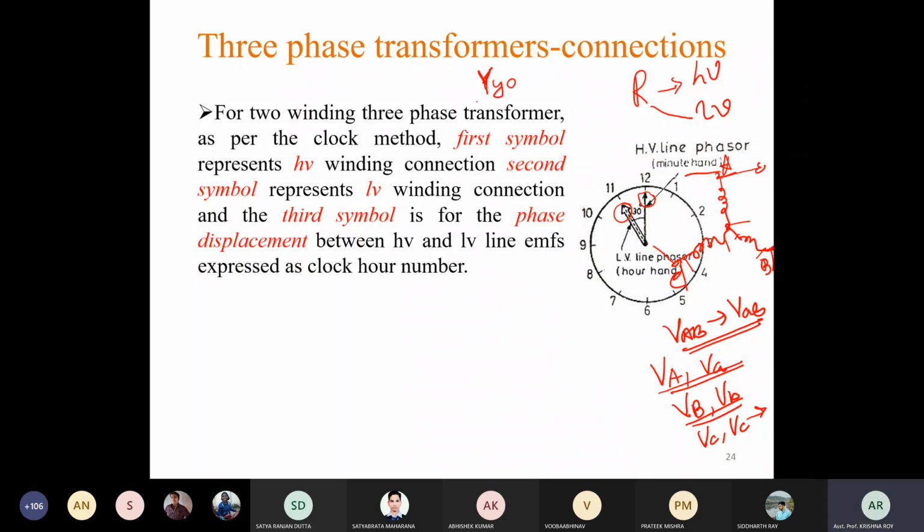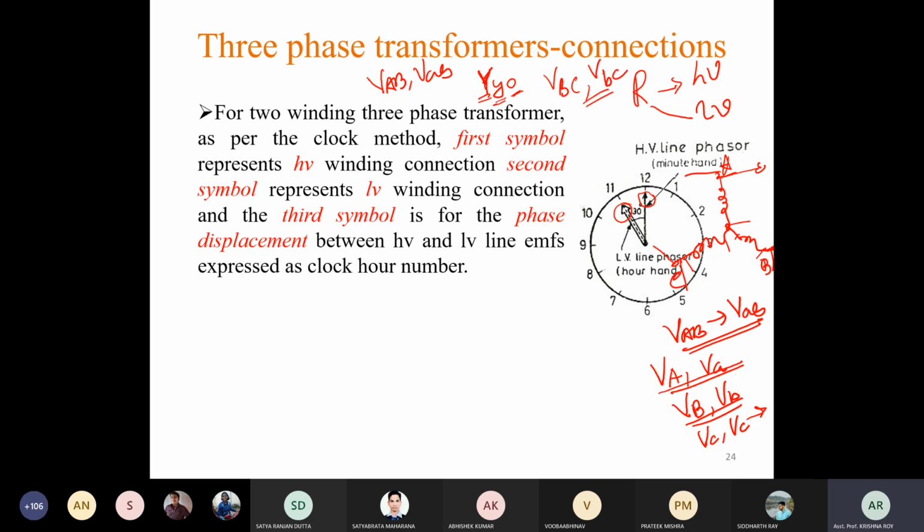The first letter denotes the high voltage winding connection, the second letter or symbol denotes the low voltage winding connection, and this third symbol denotes the angle between line EMFs of these two windings. That means the angle between VAB and V small ab is 0 degree. Similarly, VBC and V small bc is also 0 degree.